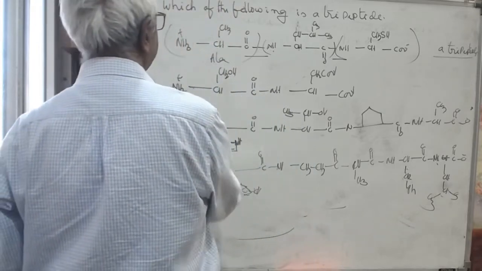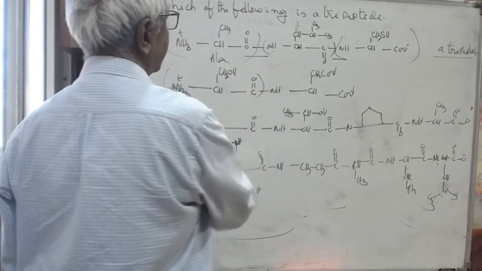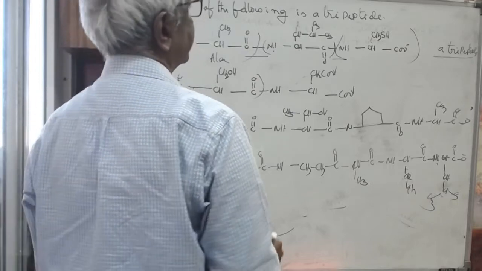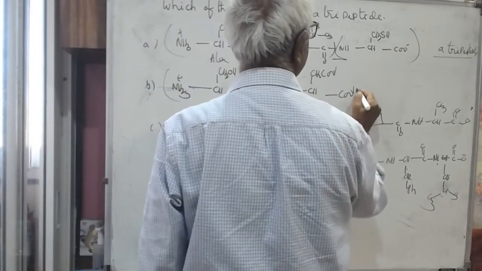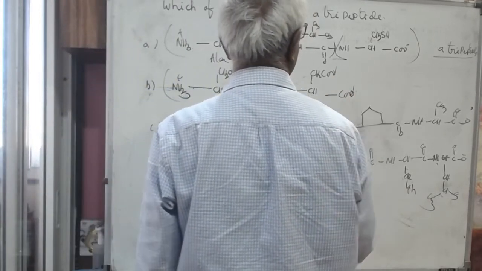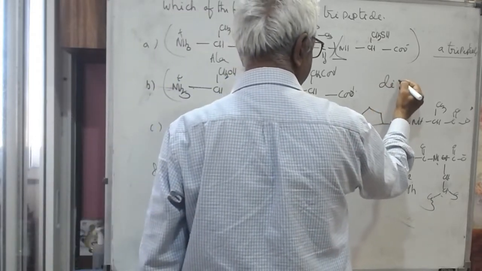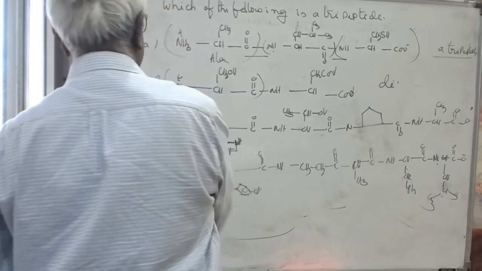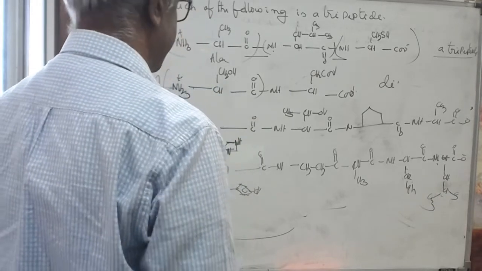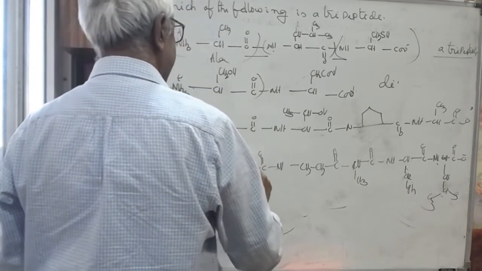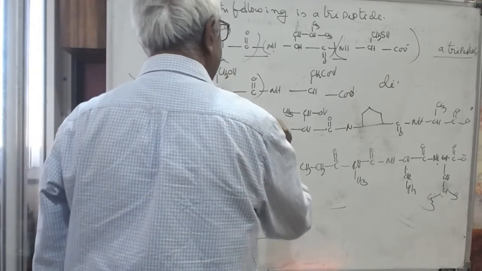This one is serine, and this one is aspartic acid. It is only a dipeptide, so it is not a tripeptide. This is histidine.